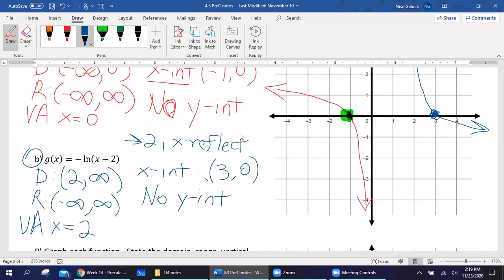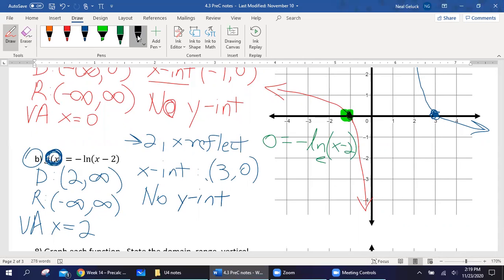And again, to solve for the x-intercept, I could have also plugged in 0 for g of x and solved for x, which let me show you how that works again. This would have been 0 equals negative natural log of (x minus 2). Okay, the base is e.